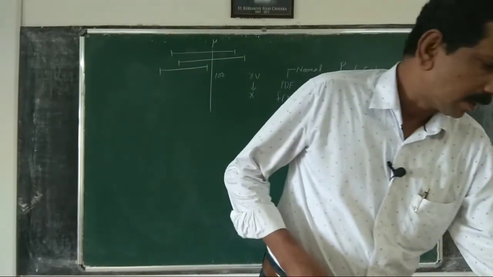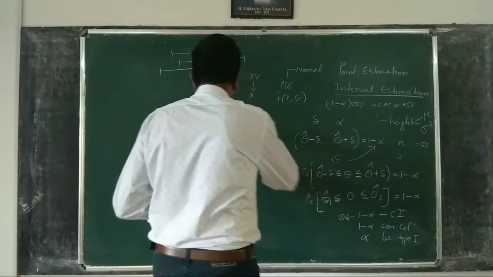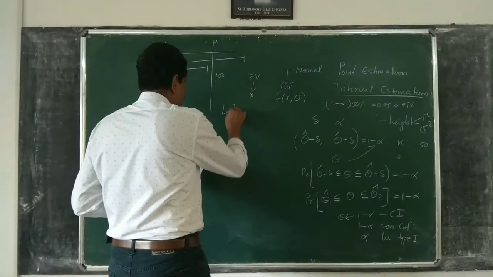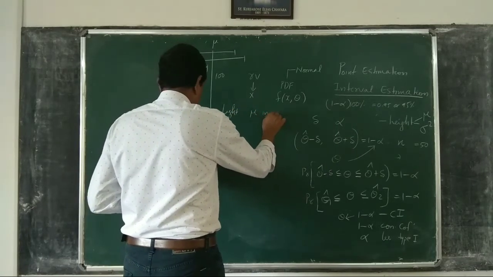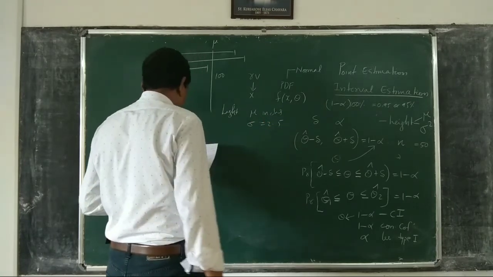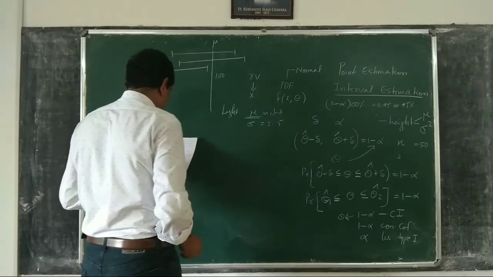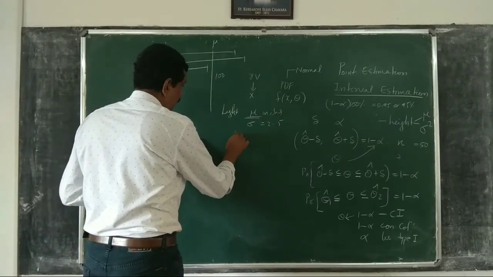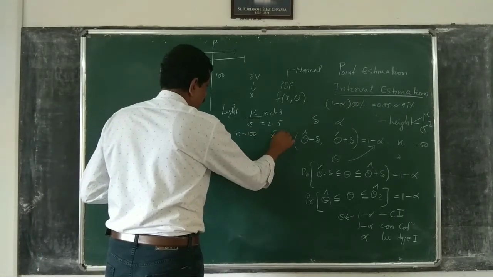Let me consider an example. Suppose that the height of the population is normal with mean mu inches, mu unknown, and sigma is equal to 2.5. Suppose that a sample of n equal to 100 is taken and x bar is 67.